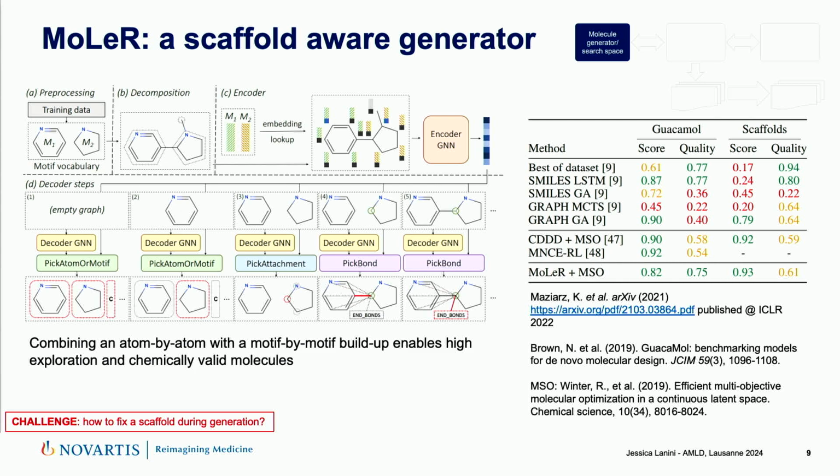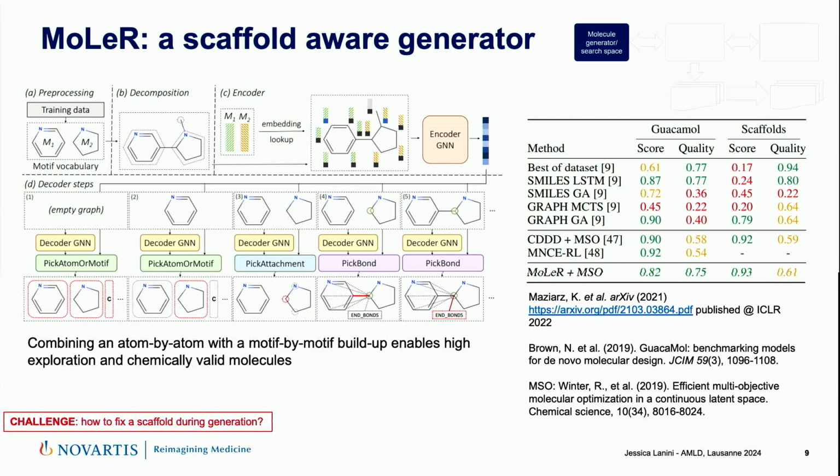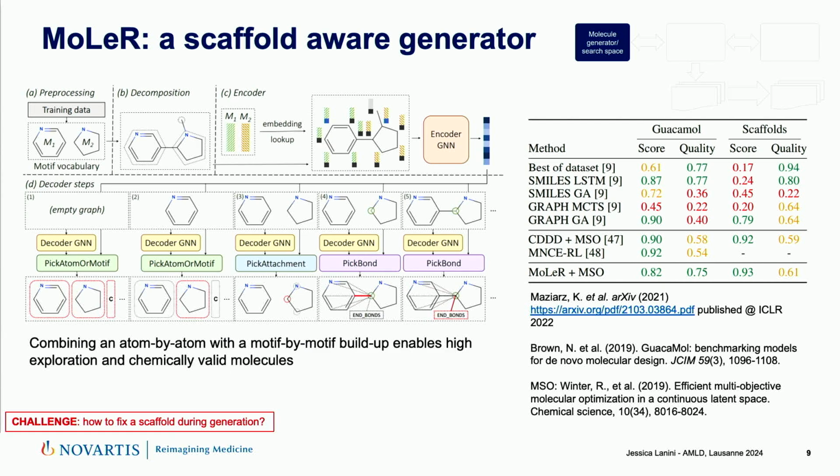MoLeR is a variational autoencoder based on a graph neural network, whose main characteristic is that in the generation phase, it is not based only on atom level generation, but also on motif level generation, where with motif we mean the most common substructures that are available. Indeed, they were built on top of publicly available data.